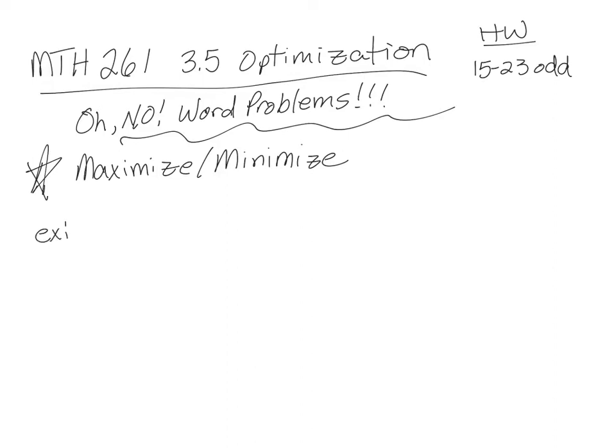So, example one, these are classic problems. A farmer has, let's say, 360 feet of fencing to enclose a rectangular area.